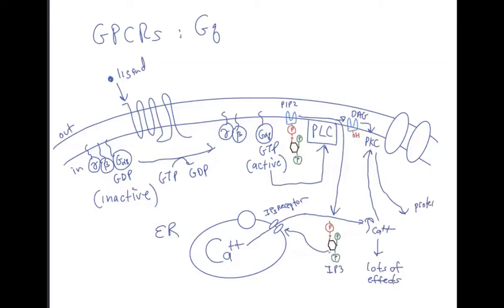It's a serine-threonine kinase, and that protein can either be inactive or active. And that protein then gets phosphorylated, now becoming either active or inactive. So just like we saw with protein kinase A, protein kinase C also phosphorylates proteins, and depending on the protein, the activity can go up or down.